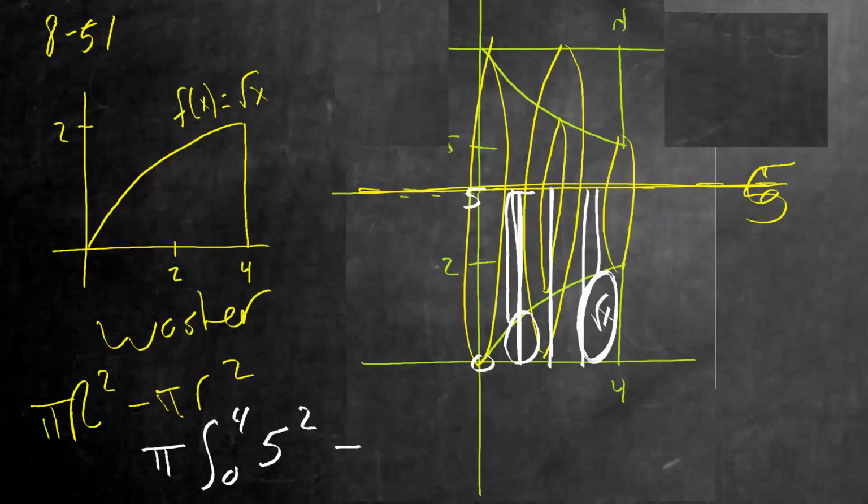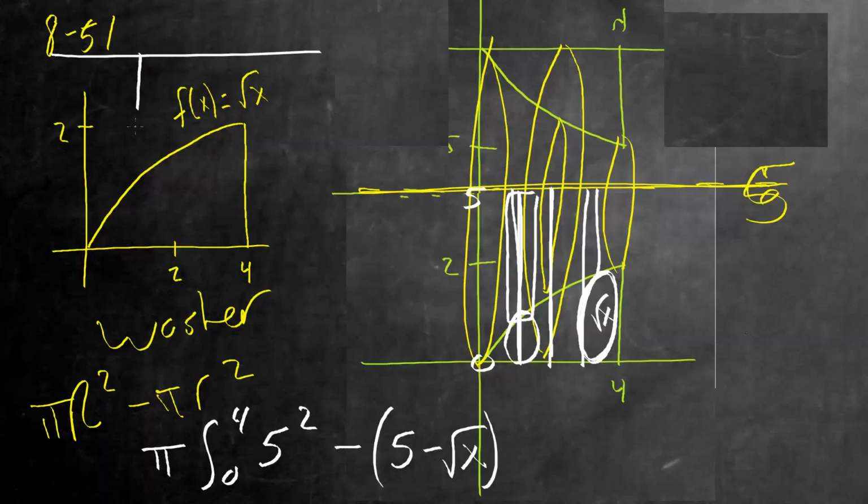That's where that comes from. Right here, this is 5 and this is the square root of x. So if I do 5 minus the square root of x, I'm left with that right there that I want, squared dx. Probably the best I can do. Just keep practicing these problems.